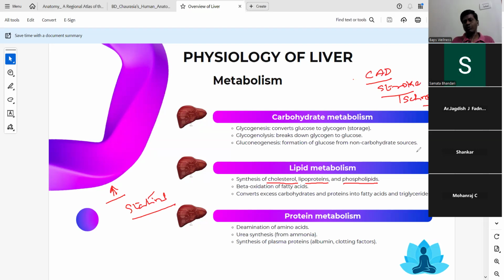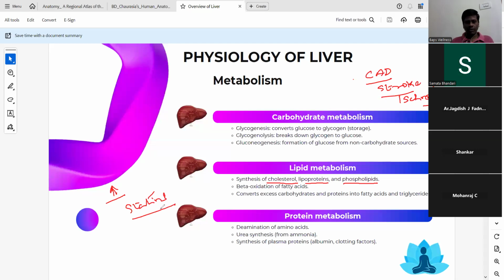There are two types of stroke. One is ischemic, another one is hemorrhagic. Ischemic is because of a block, maybe due to atherosclerosis or due to embolism or thrombus or thromboembolism, whatever it is. Net, it is the block.